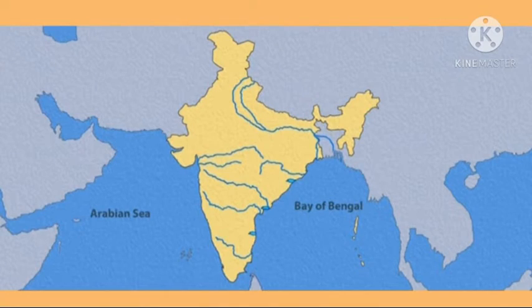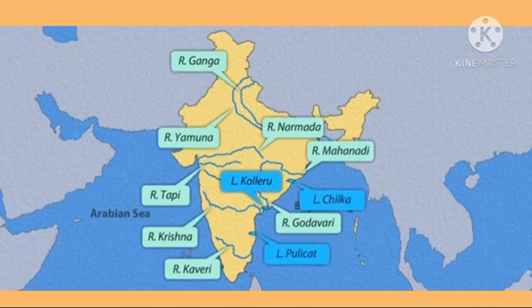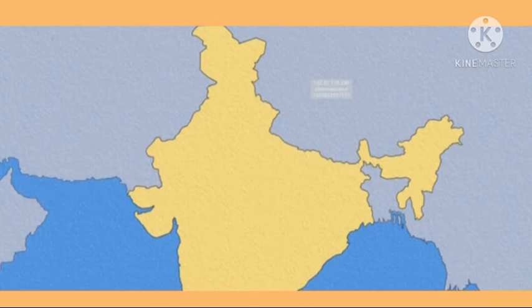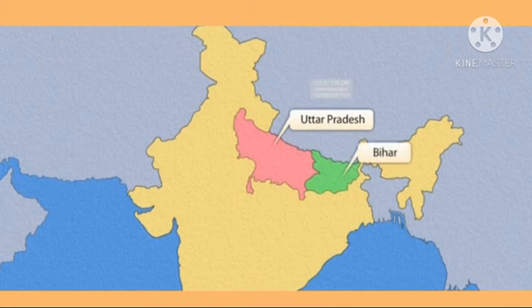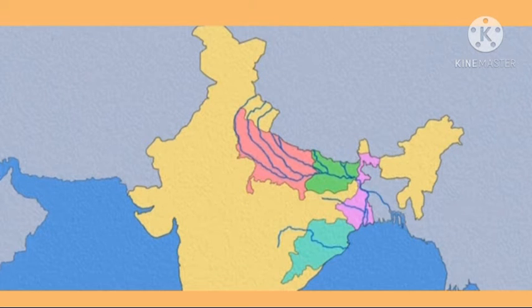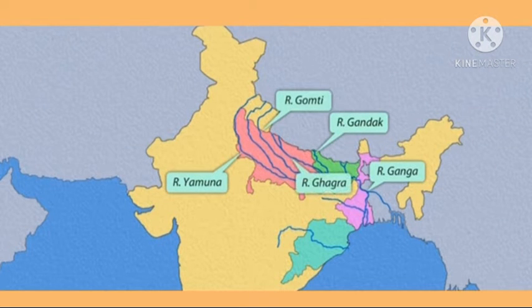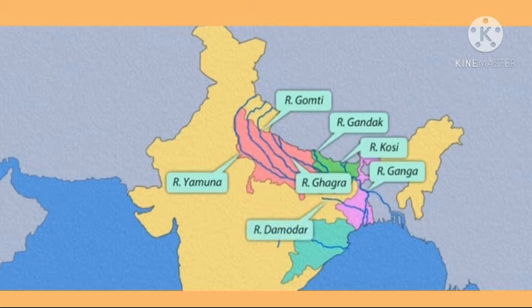Freshwater fishing is largely done in rivers, streams, tanks, and lakes. In the states of Uttar Pradesh, Bihar, West Bengal, and Orissa, fishing is carried out along the river Ganga and its tributaries Yamuna, Gandak, Gomti, Ghagra, Kosi, Damodar, and the Mahanadi.